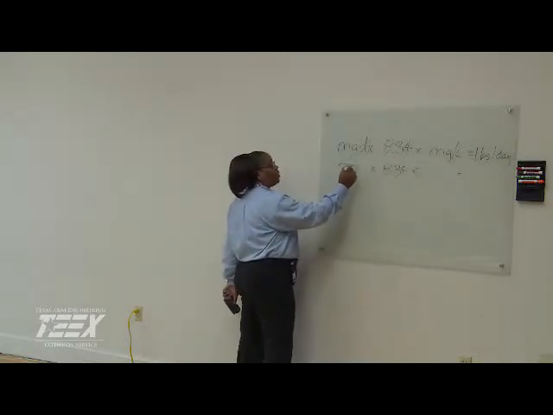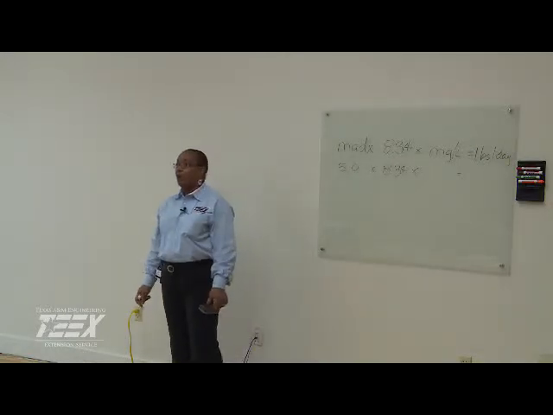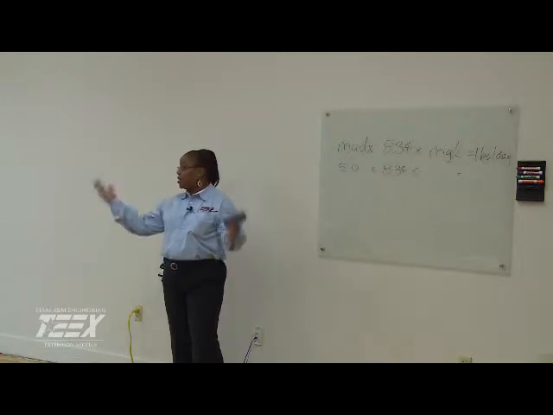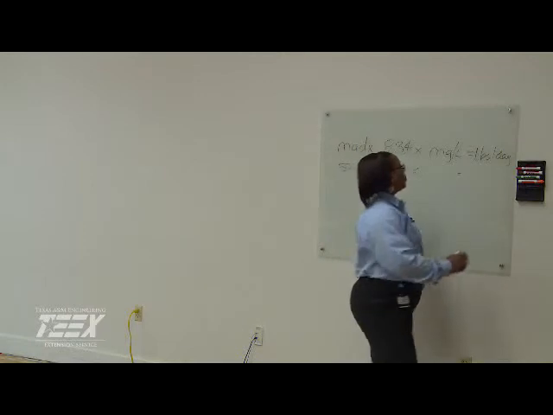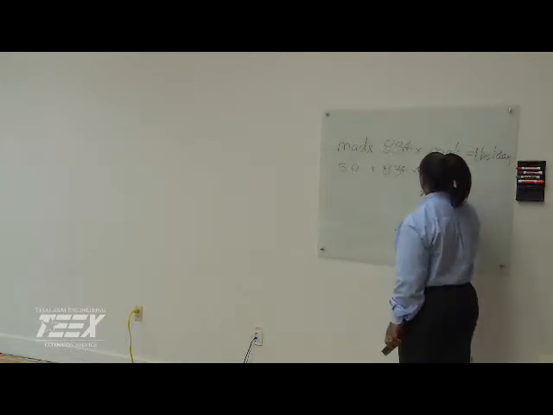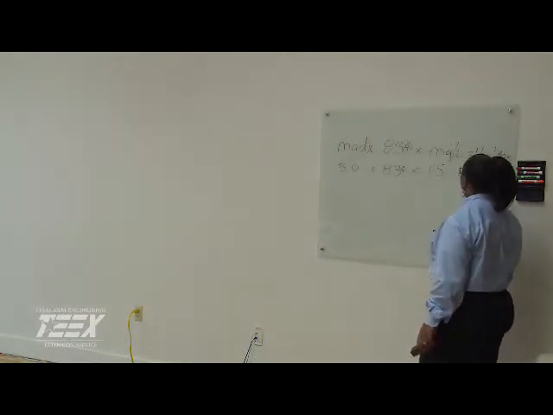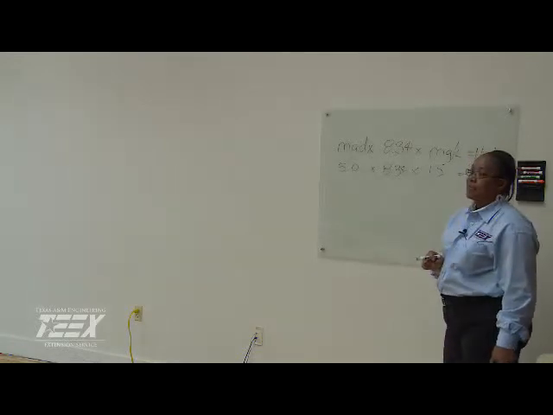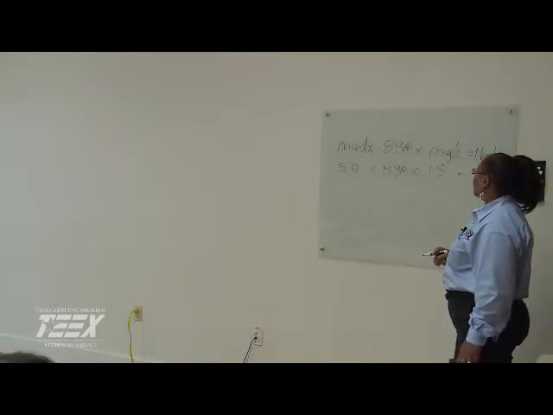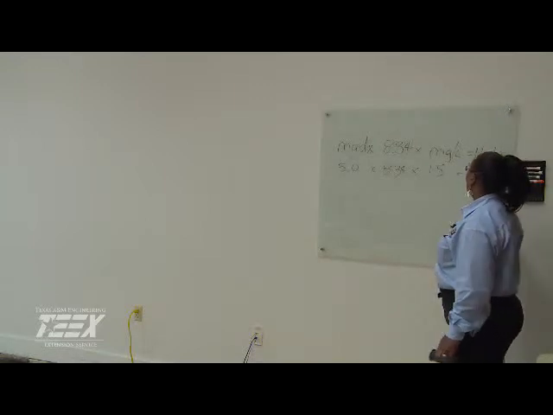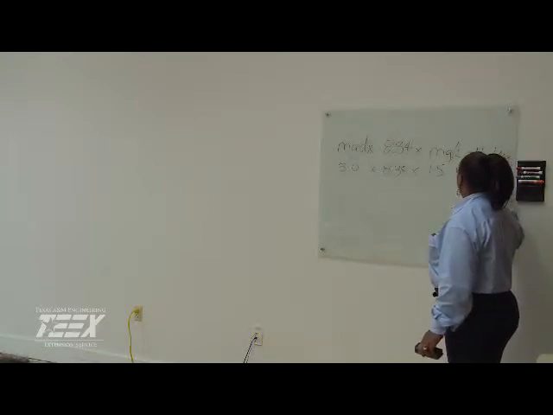Do we all understand why he said 5.0? He divided it by a million. Super. And what's the dosage? Times 1.5. And that gives me how many pounds per day? 62.55 pounds per day.